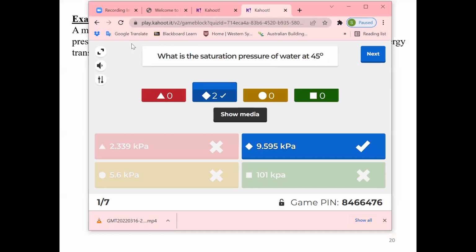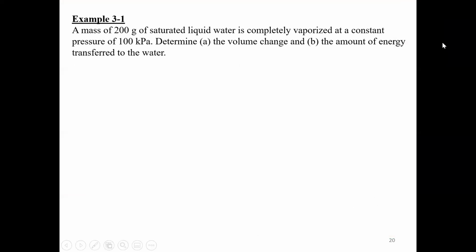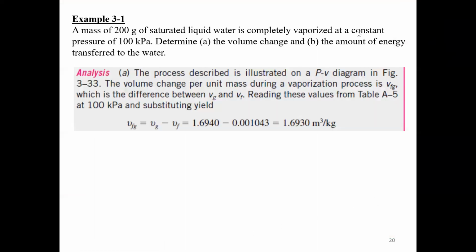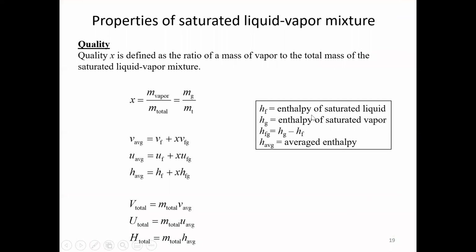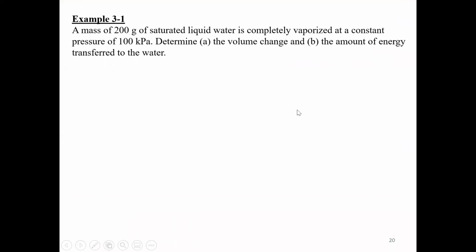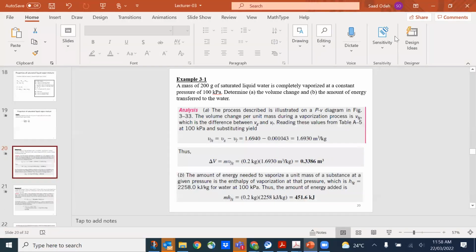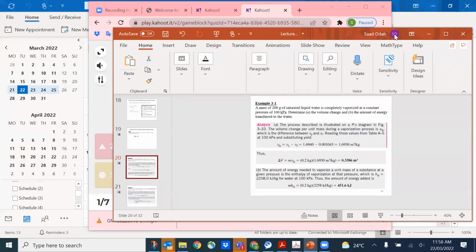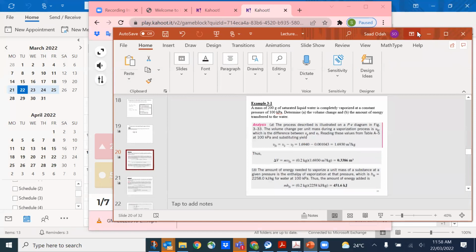Let's say, minimize this if you like. But we can't click there, right? No, because you need to click the Kahoot screen, not the Zoom screen.